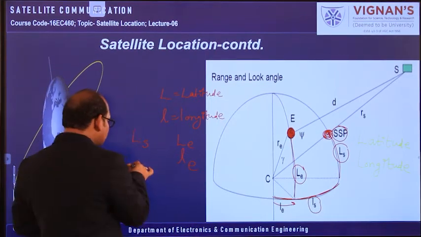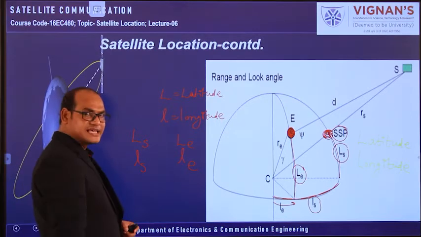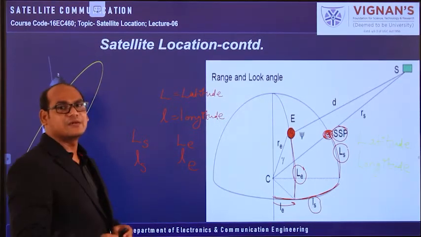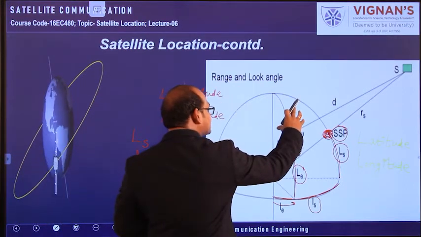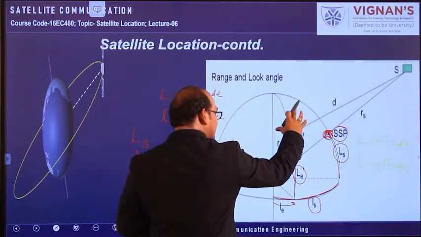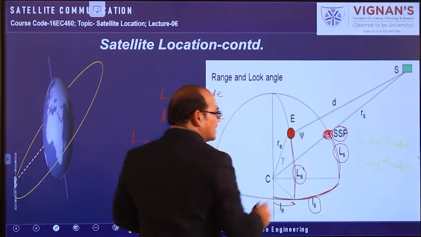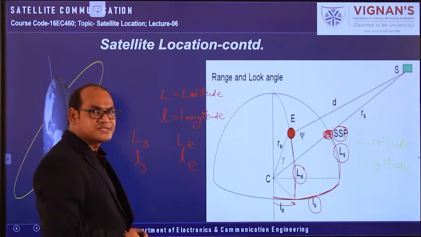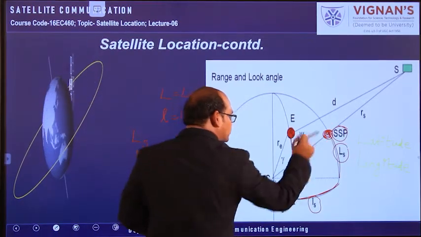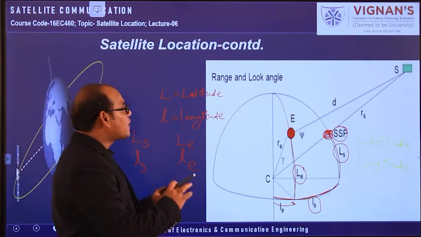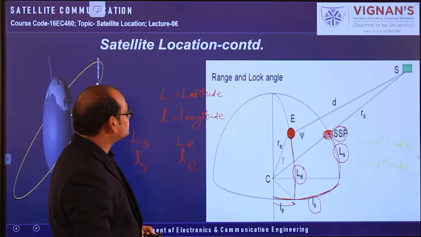So the longitude of the sub-satellite point is given by small l suffix s. So with this we can represent the earth station with the latitude capital LE and longitude small le. And the sub-satellite point can also be represented with the latitude capital LS and longitude small ls. So with this we have represented those two, earth station and sub-satellite point.